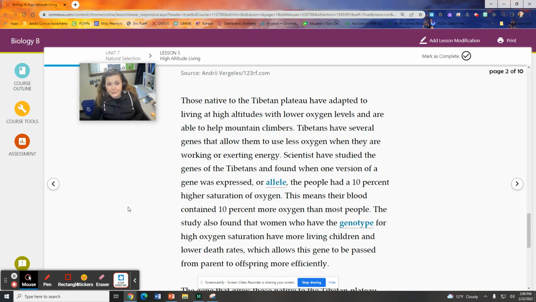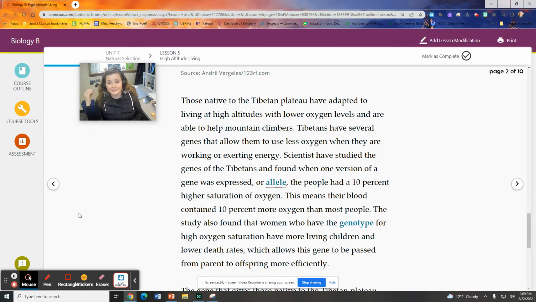So, what about them makes them better equipped to survive where people like you and I, flatlanders, can't possibly survive? Or we could, but they do a lot of training to be able to actually make it up there. Generally, if you just start climbing, you're not going to do it, ladies and gentlemen. So they found that these Tibetans actually have a mutated gene.